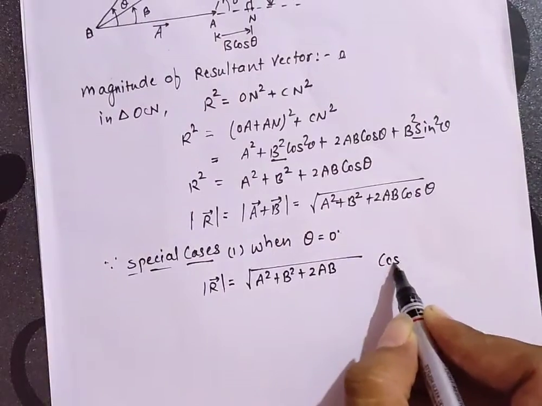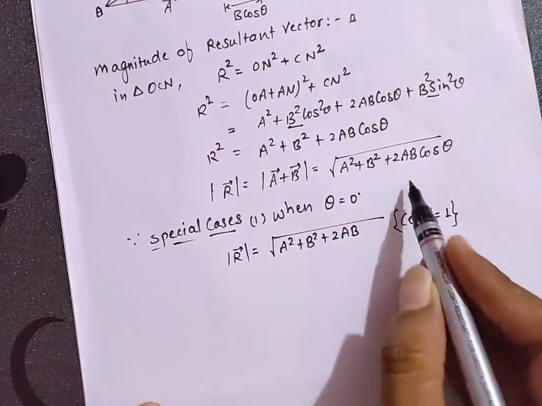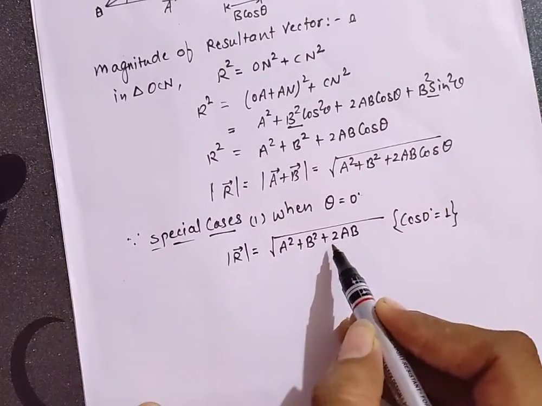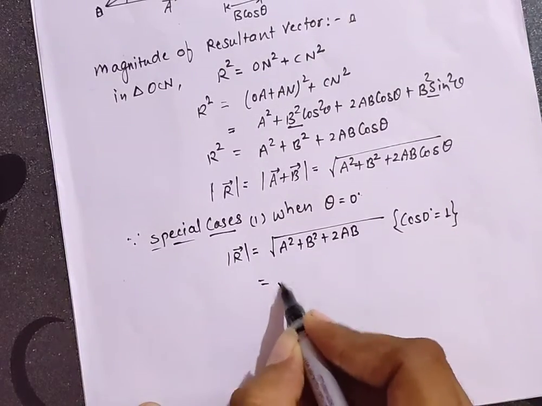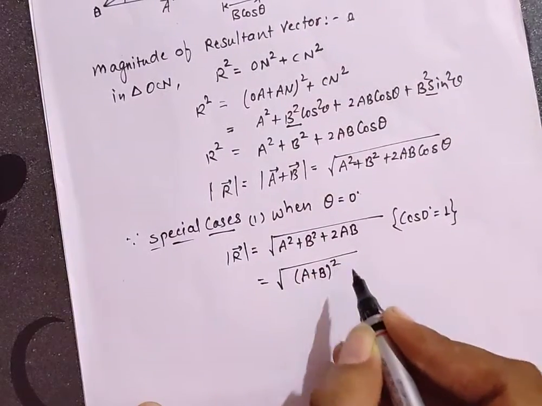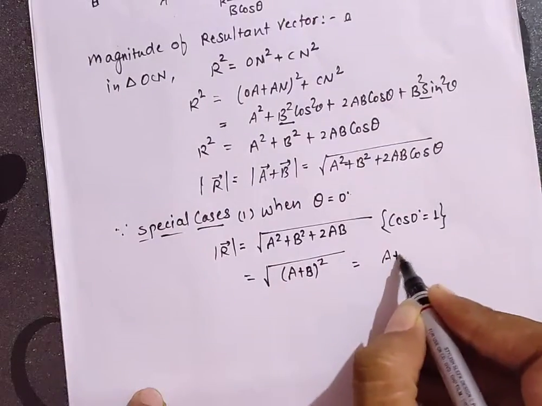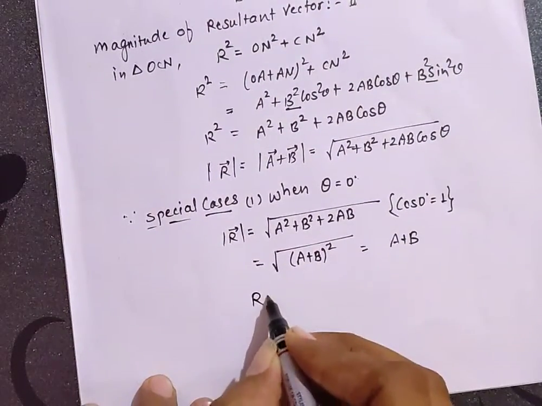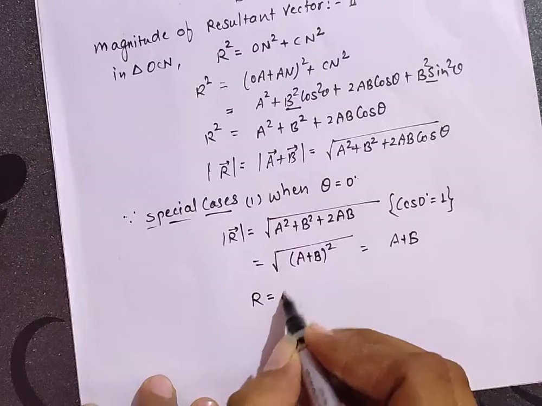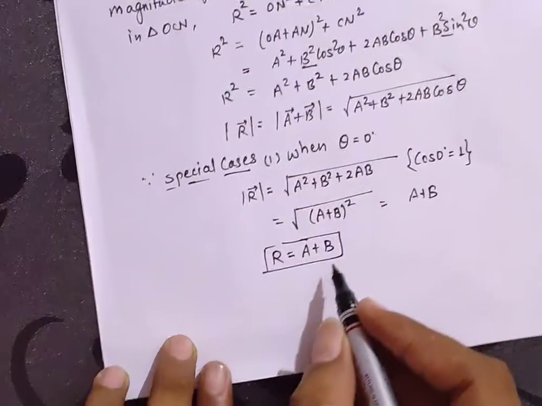Why? Cos 0 degrees is equal to 1. That's why the formula turns out to be A square plus B square plus 2AB. And as we know, this is the identity for A plus B whole square, so the remaining answer is A plus B. So the magnitude of R is equal to A plus B when theta is equal to 0 degrees.